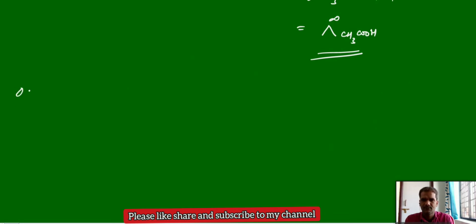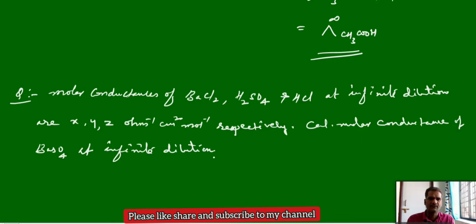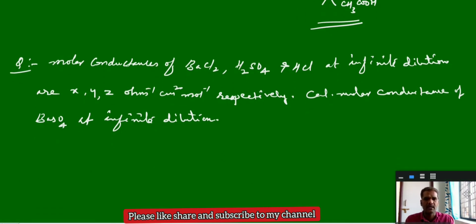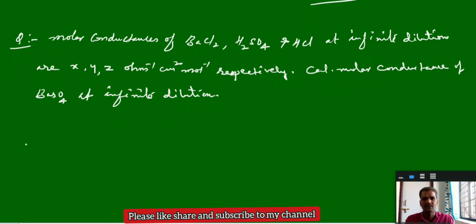So one question. Here they give the molar conductances of barium chloride, sulfuric acid, and HCl at infinite dilutions. Then we have to calculate the molar conductance of barium sulfate.